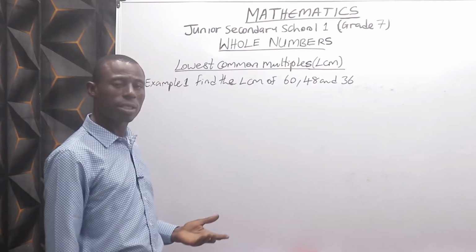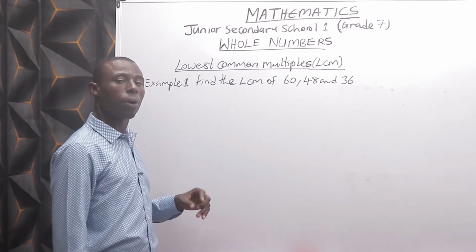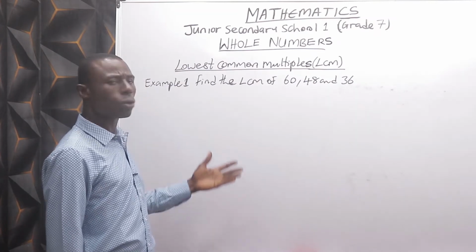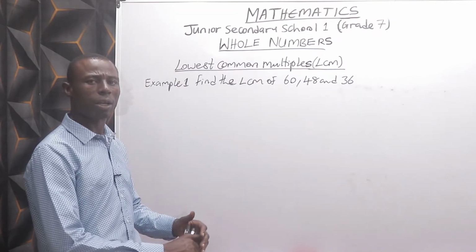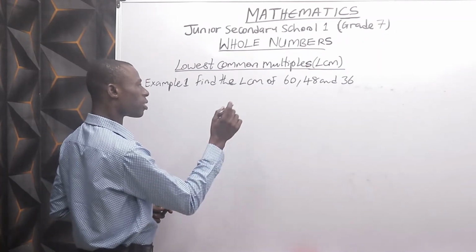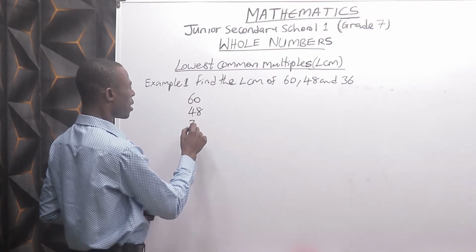Let's resolve it using another method, which we call the product of prime factors method, so that you will have a kind of widened knowledge. If you want to use that method, you list the numbers like this: 48, 36, 60.